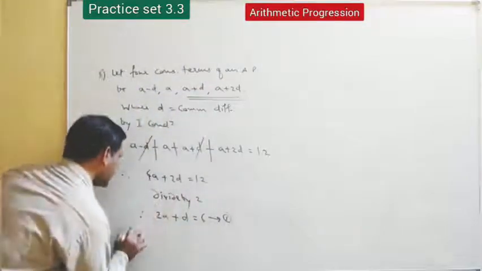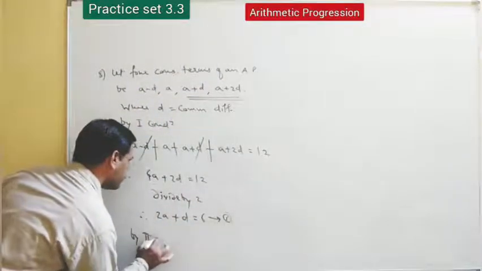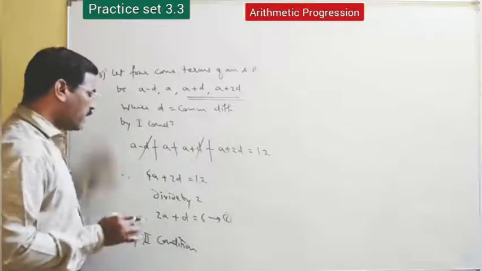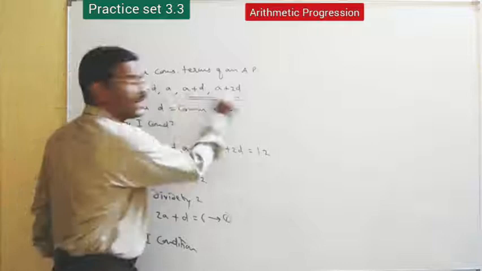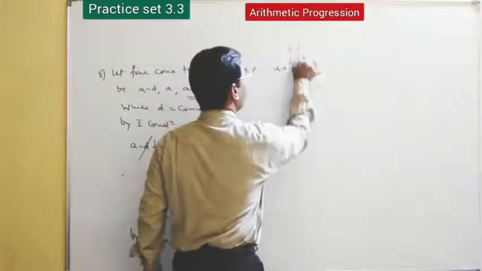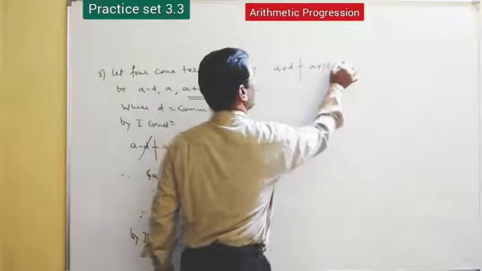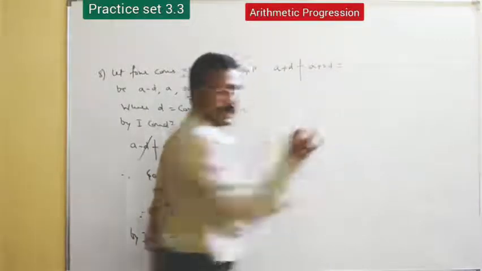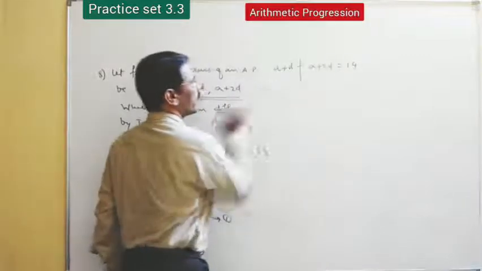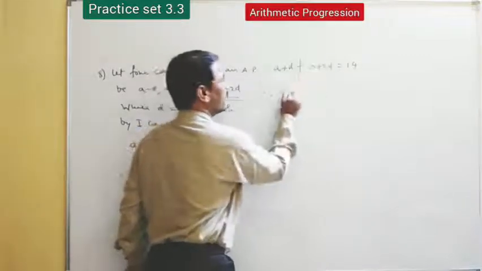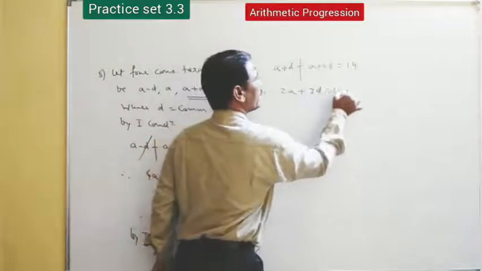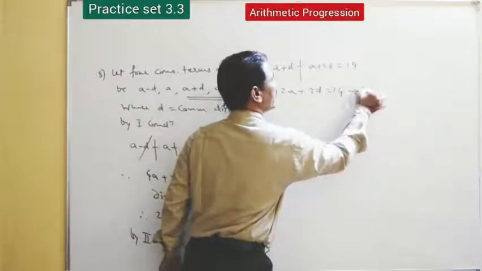So by the second condition, the sum of the third and fourth terms, a plus d plus a plus 2d, is 14. Now look here, what we can get: a plus a, 2a, d and 2d, 3d, that is 14. This is equation number 2.